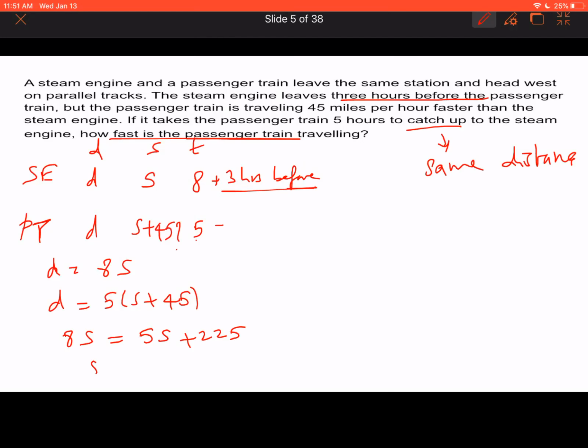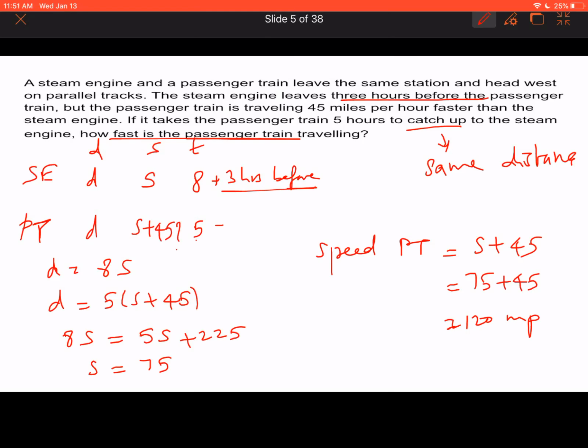So s is equal to 75. This is the speed, but this is of the steam engine. What they are asking is the speed of the passenger train, which is s plus 45, that is 75 plus 45, which is equal to 120 miles per hour.